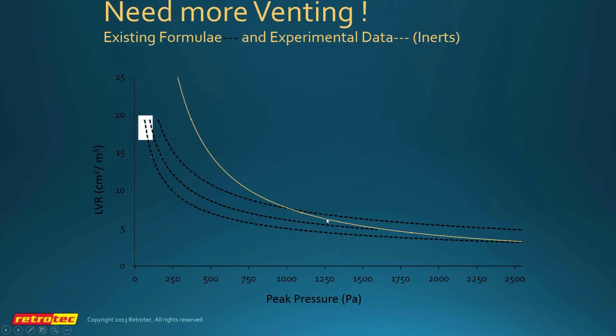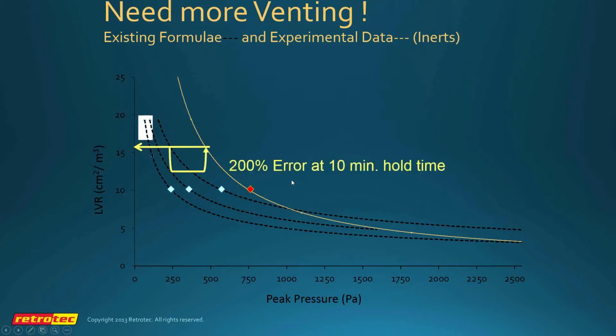In this area of around about 1250 pascals of peak pressure, we get some kind of a correlation with the data, but what's really important here is we get a really wide divergence in the area of interest, which is where we tighten up the enclosures in order to get the hold time that we want. So this and this are the two areas of interest, and you can see here that we can have as much as a 200 or even a 400% error in the peak pressure formulas.